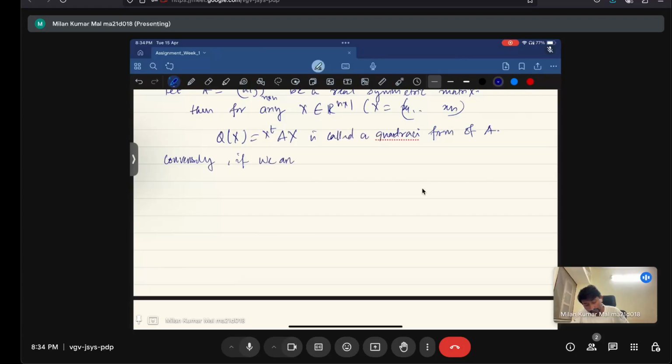Conversely, if we are given a quadratic form Q(x) equals to the summation of Bij xi xj, where x is equals to that way, and this is over all i less than equals to j, less than equals to n.